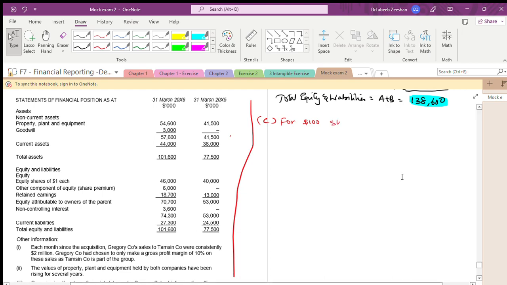How many shares for 40 million? 40 million divided by 100 into 20. How much will we get? 8 million.